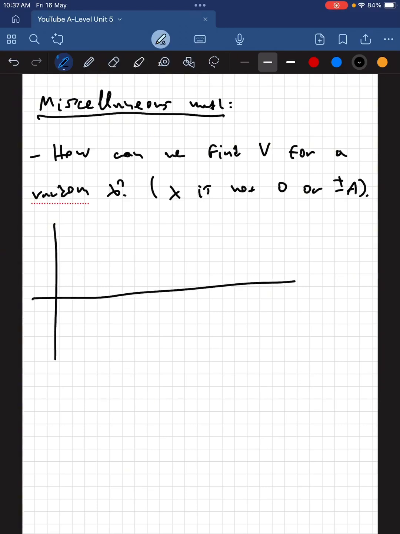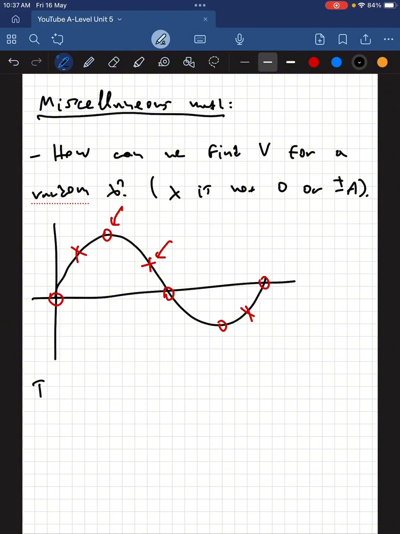So maybe someone asks you what is the velocity of the object here, or here, or here. Not at the usual positions, which are this, or this, and this. So this is easy. What happens at point x?